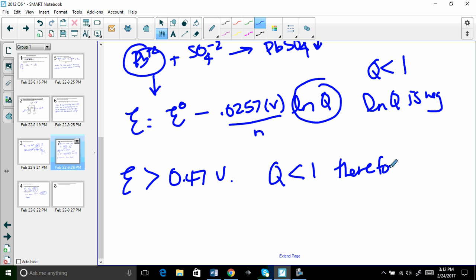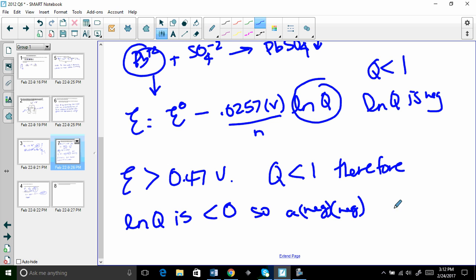Therefore, the ln of Q is less than 0, or negative. So a negative times a negative is a positive.